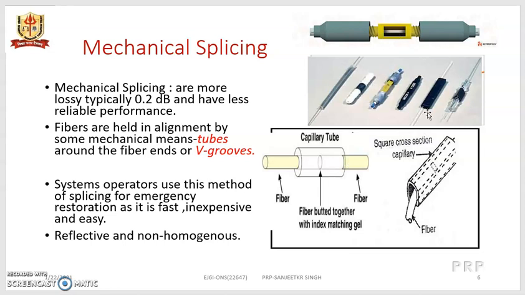So here we see different mechanical splicing, and a square cross section capillary is used that will have an angle here. Here we can see that it is decreasing, and internally the structure is such that it will allow only one fiber from either side, and they are joining here, and there is a hole for injecting the epoxy material, the bonding material.